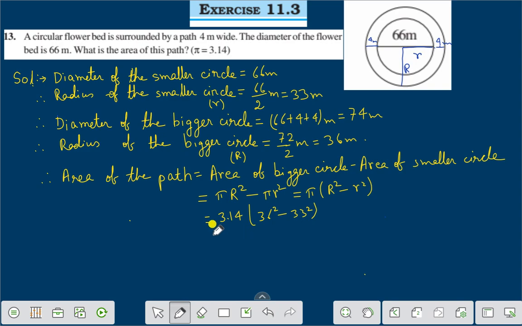If you use the formula a square minus b square equals a plus b into a minus b, then we will get 3.14 into a plus b into a minus b, the 36 plus 33 into 36 minus 33.